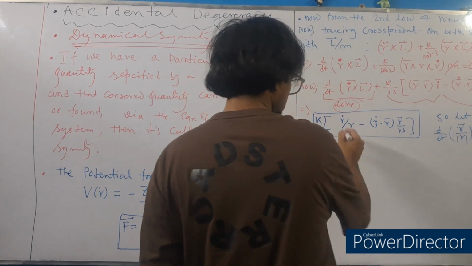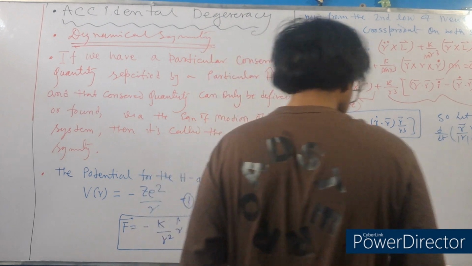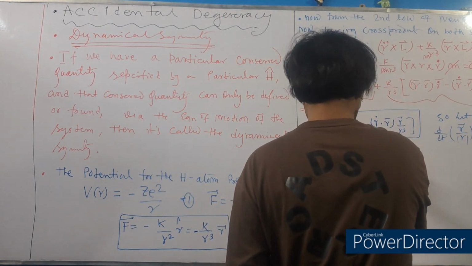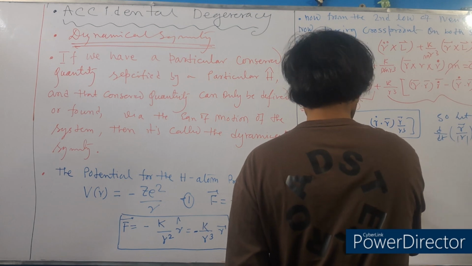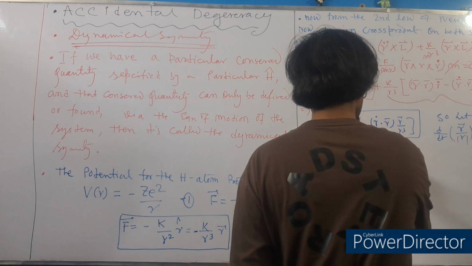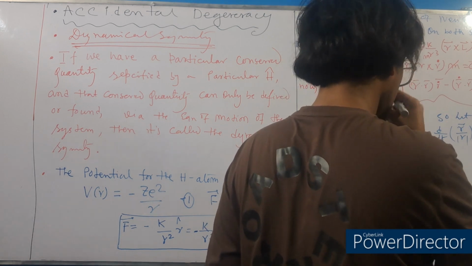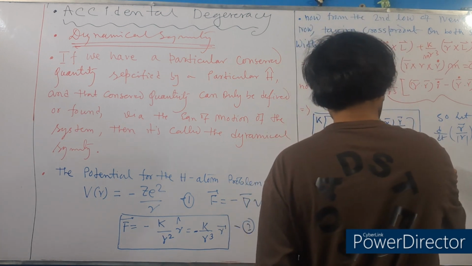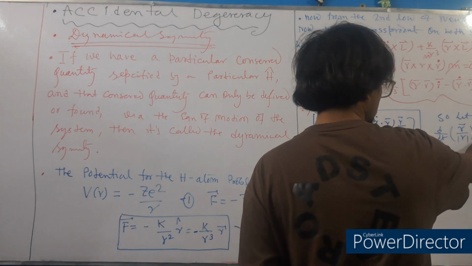Okay, you can see that this term is already here, minus r by mod r squared, then d/dt of mod r. Okay, I think I have done everything right.